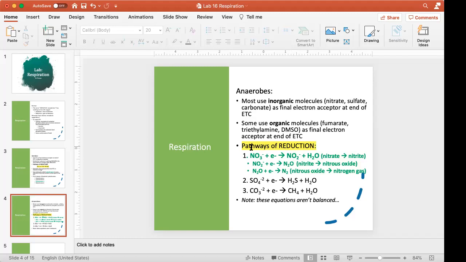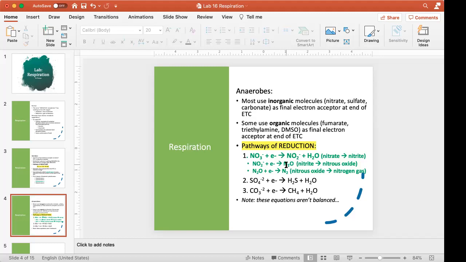So when nitrate becomes fully reduced all the way, when it has taken on as many electrons as it can possibly take on, you're left with nitrogen gas. But some species don't take it that far. Some species will take that nitrate and reduce it to nitrite and then stop. Other species will take nitrate, reduce it to nitrite, and then further reduce it to nitrous oxide.